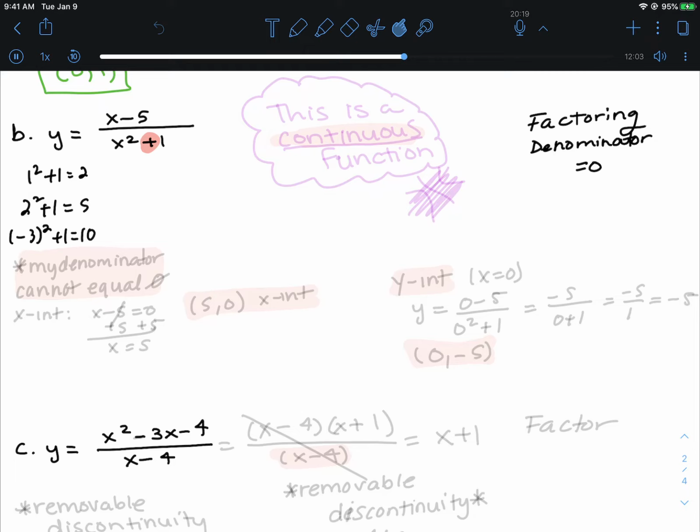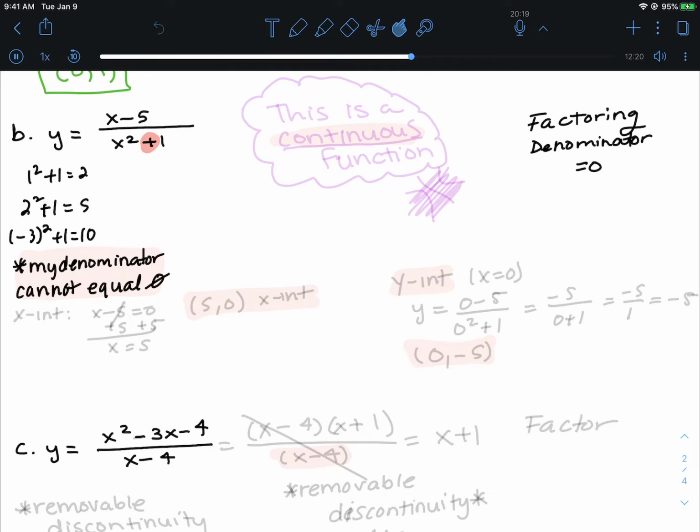So in this specific situation, my denominator cannot equal 0.